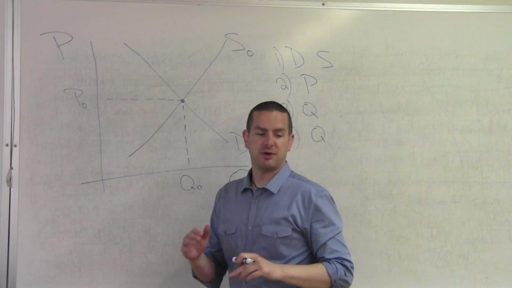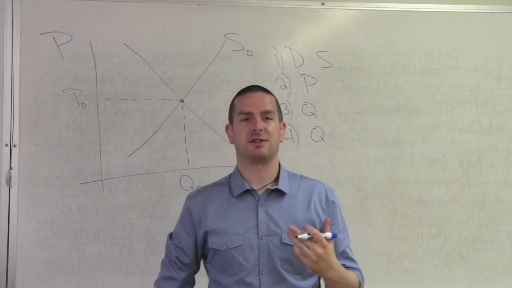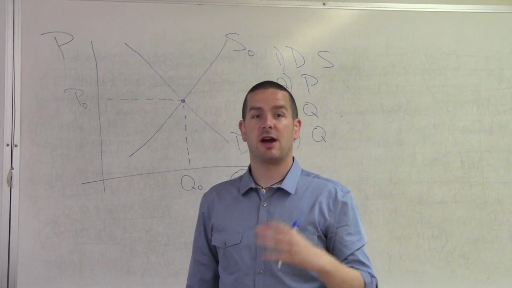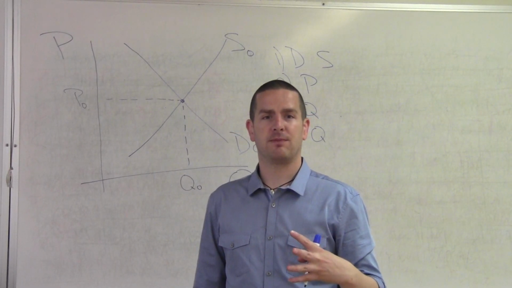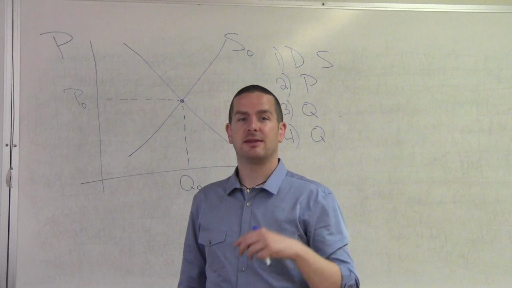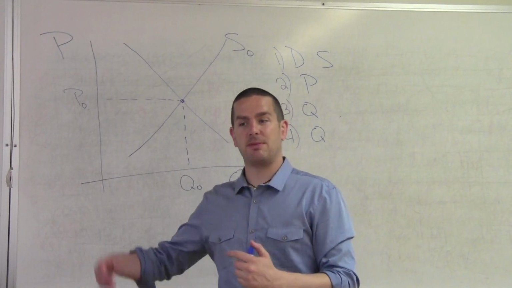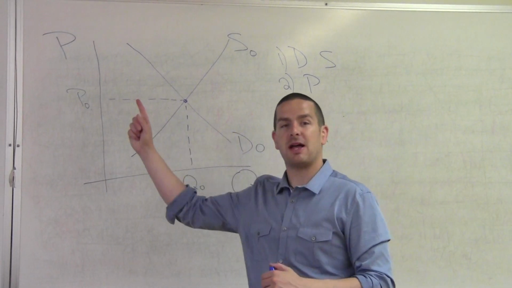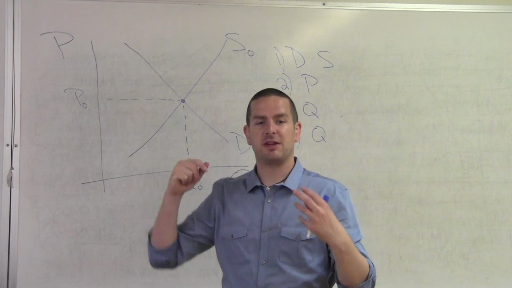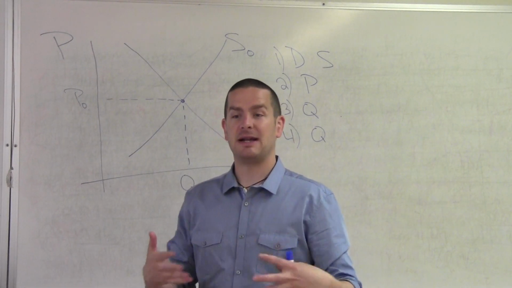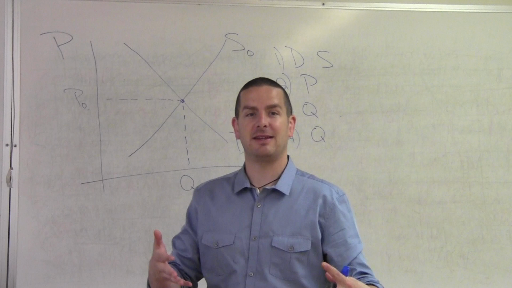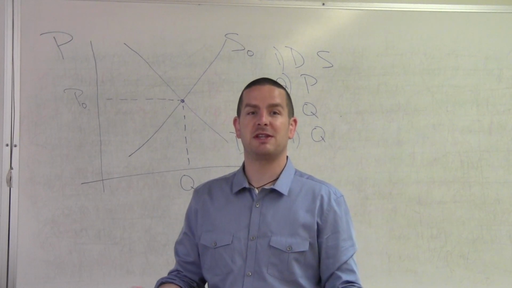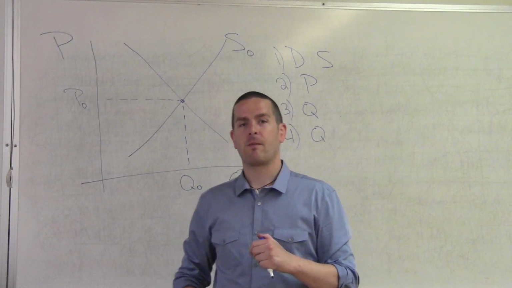So, if President Obama was to pass a stimulus bill, okay, where the government was to spend more, that would impact demand, right? Demand is spending, supply is producing. If the government spends more, by definition, it is demanding more, which pushes demand up, okay?